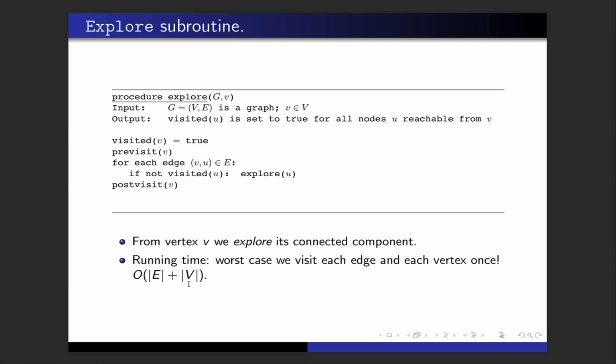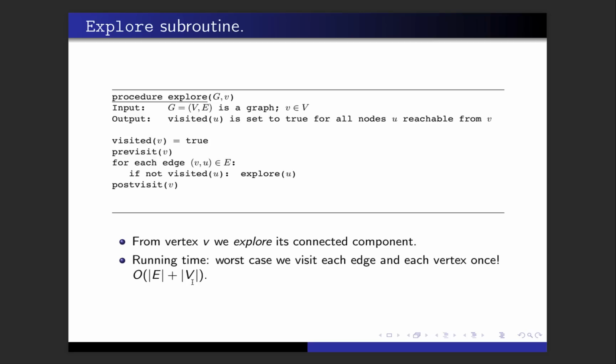Typically, we will label the number of vertices with n and the number of edges with m. You know that in a simple graph the number of edges is at most n squared, the square of the number of vertices, so we want to emphasize how both quantities are involved in the running time.